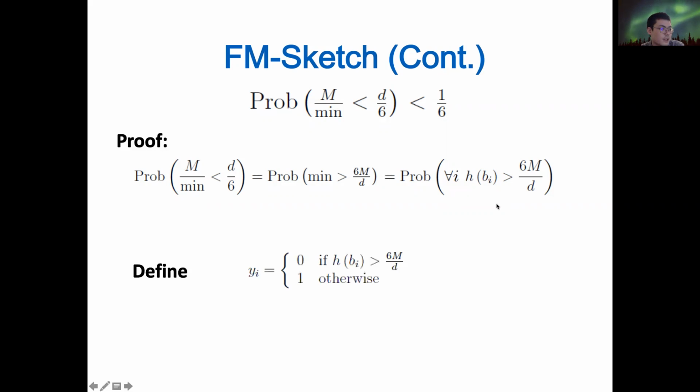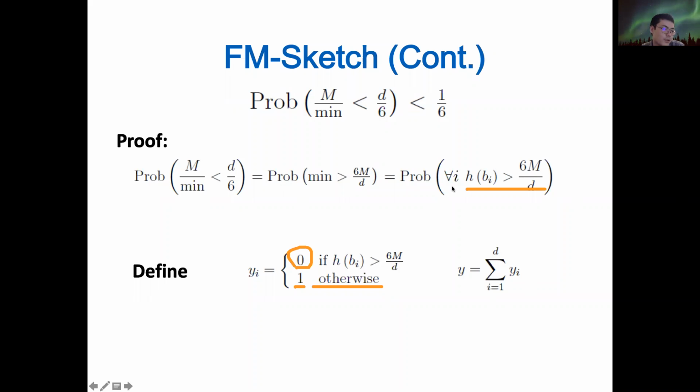If this is fine, then we can use an indicator variable. We need to define this in a reverse way. Originally, if this holds, then it's successful. But here we are saying this is 0, otherwise we keep it as 1. Then we define Y as the summation of the indicators: if the first item's hash is larger than this, and the second is larger than this, it's 0, so you don't add anything to Y. Only when some B_i after hashing breaks this inequality, then we have 1.